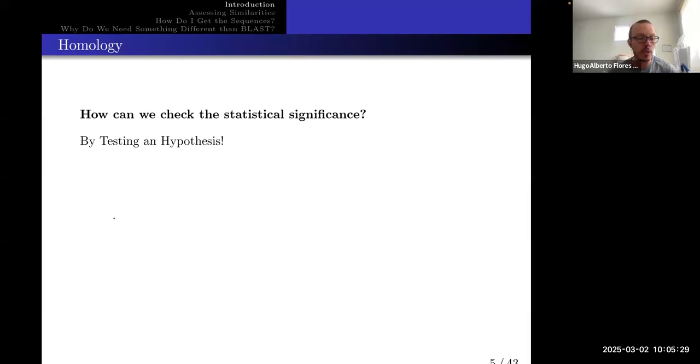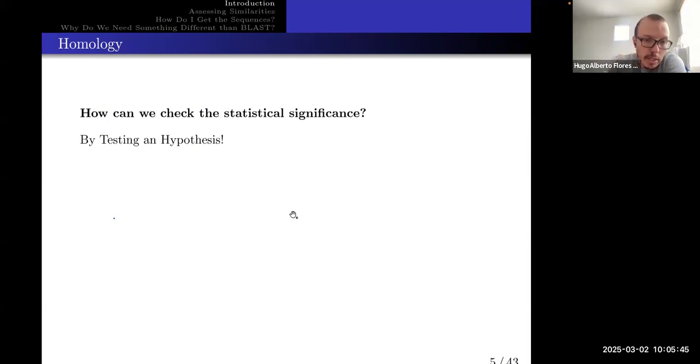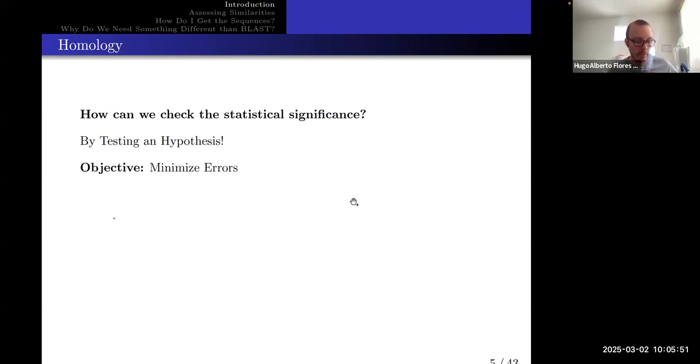Because when you are considering samples, there is always some variability inside, which means you will always have errors. When you are looking for significance, it means that the error is not just provoked by chance. So our objective behind testing a hypothesis is to minimize some errors.